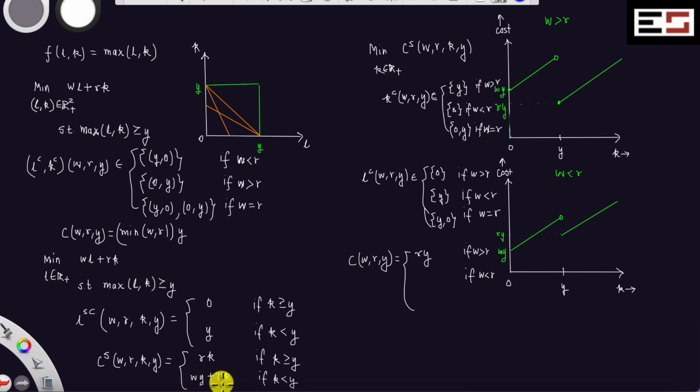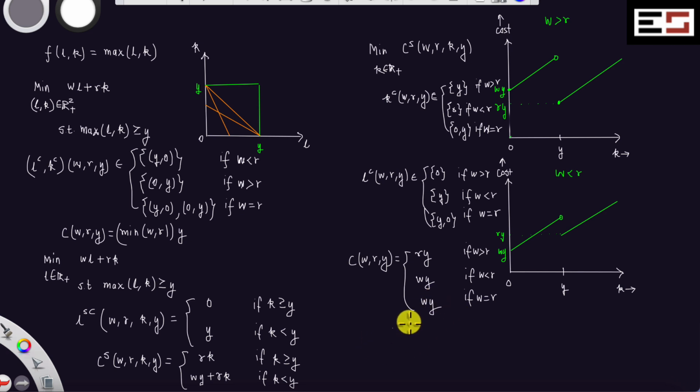And again, the same logic applies, that if y is 0, then it can be treated in either of these two cases. Irrespective of what happens, your cost will be wy, because this is 0. And if w is equal to r, you can put it in any of the two cases. It doesn't matter, and you'll get wy.